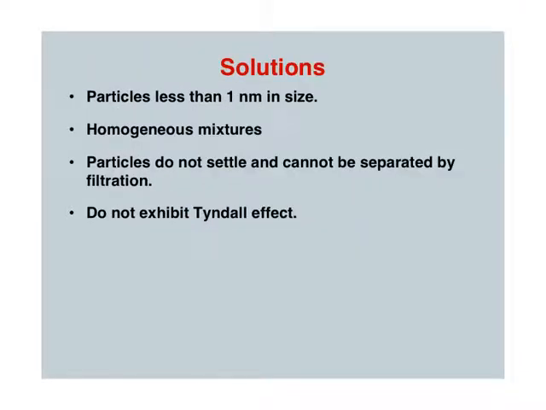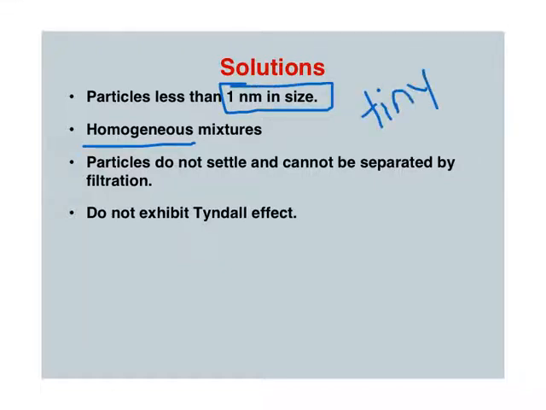Here's the one we use most often, solutions. Now, why do they look homogeneous? Well, that's because the particles are less than 1 nanometer in size. These are tiny little particles mixed into a liquid generally. It could be a solid, but the particles embedded or mixed throughout are very, very small. Now, these will not settle out. They cannot be separated by filtration, and they do not exhibit the Tyndall effect, okay?